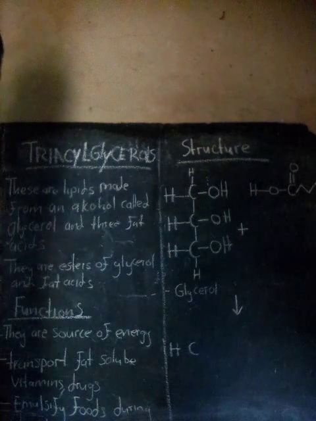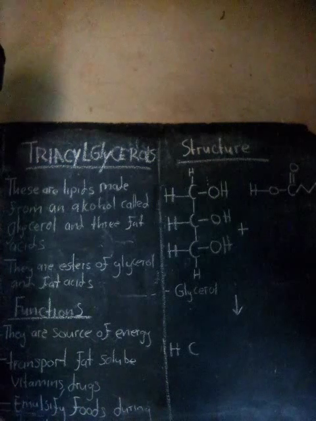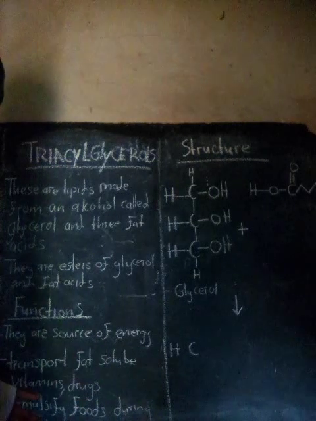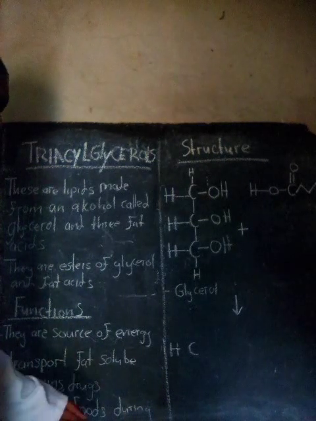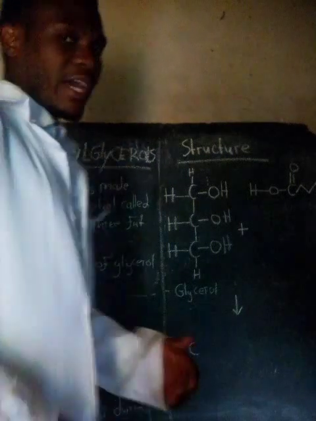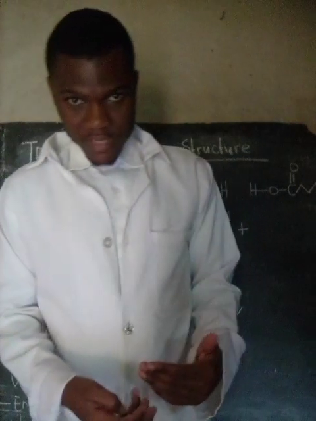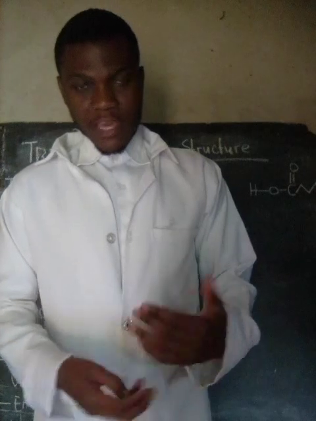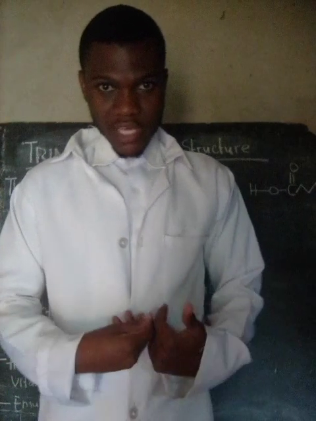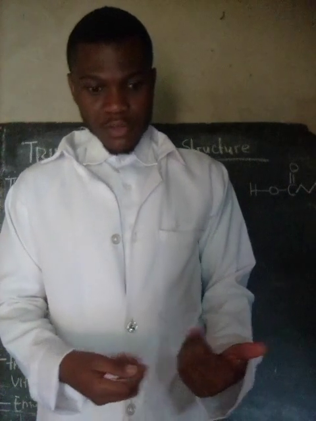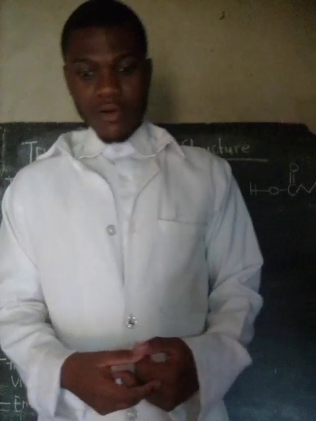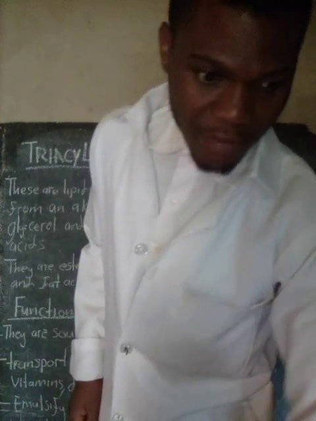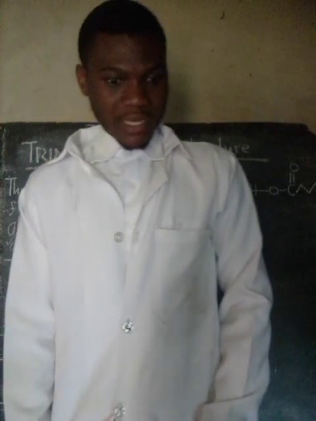Then the third function, apart from transporting fat soluble vitamins, drugs, cholesterol, and other chemical substances, is that they emulsify food during digestion. So most of these lipids, specifically the triglycerides, emulsify the food that we eat during digestion. So they are very important because they help us to digest the foods that we take.